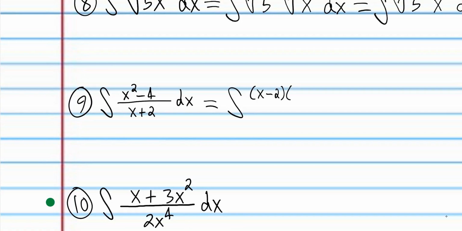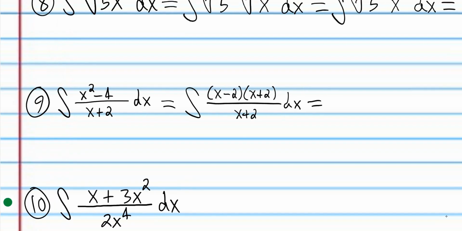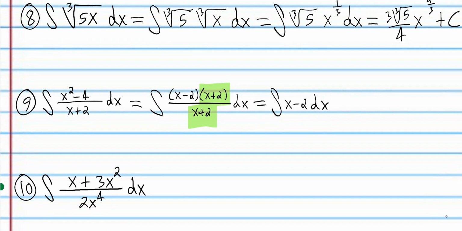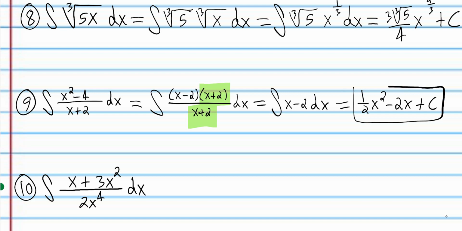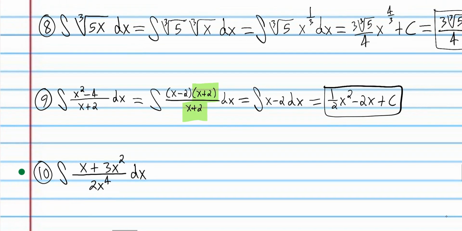I just want you to see that sometimes you can simply factor, and of course we can see that these 2 expressions cancel out, and we're left with x minus 2, and that's pretty easy. That would just be 1/2 x squared minus 2x plus c. That is the family of antiderivative functions.